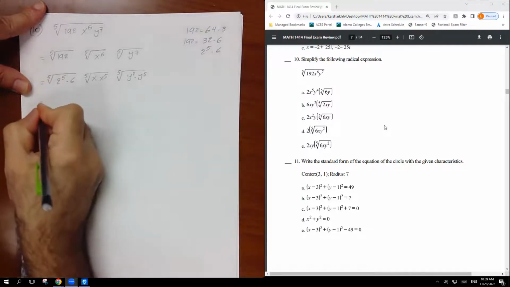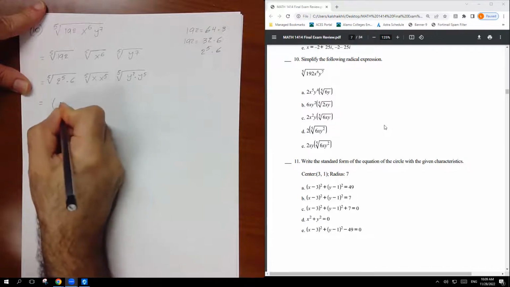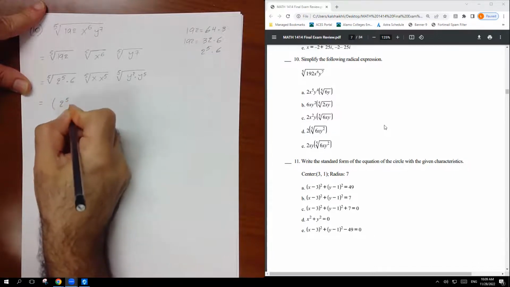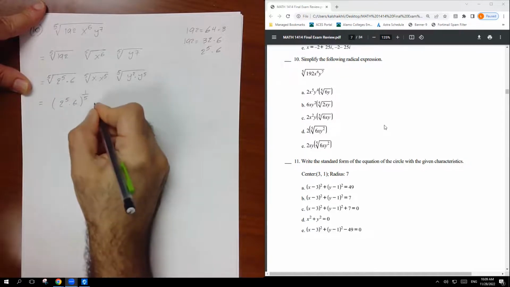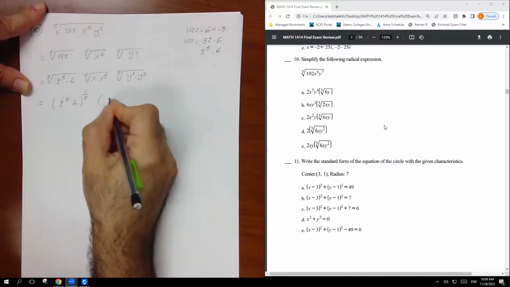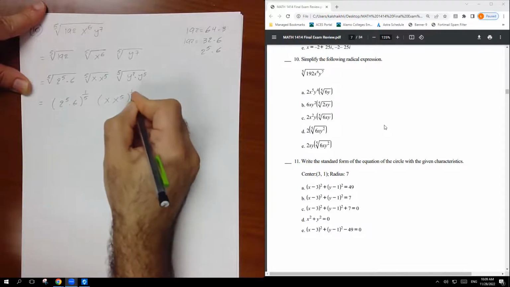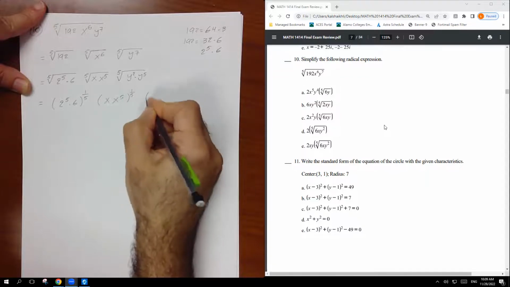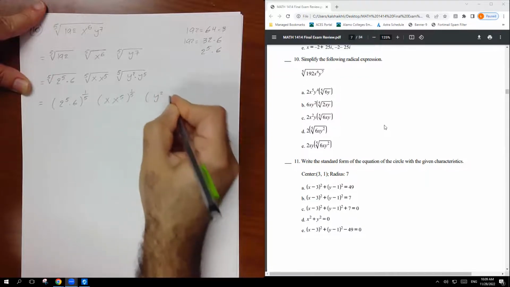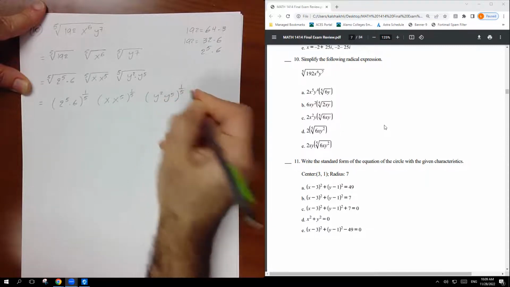Or if you convert it to the rational exponents, it's going to be 2 to the power 5 times 6 to 1/5. And here's going to be x to the power 5 to 1/5. And here's going to be y squared, y to the power 5 to power 1/5.